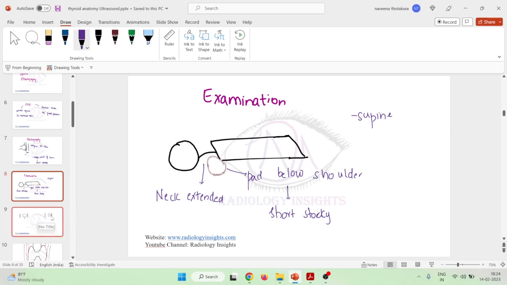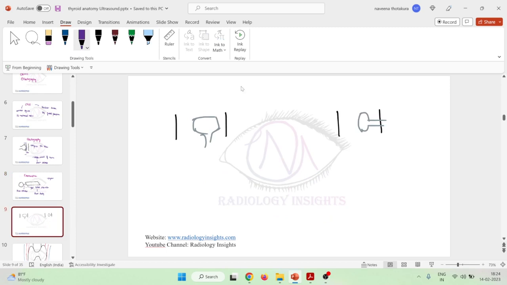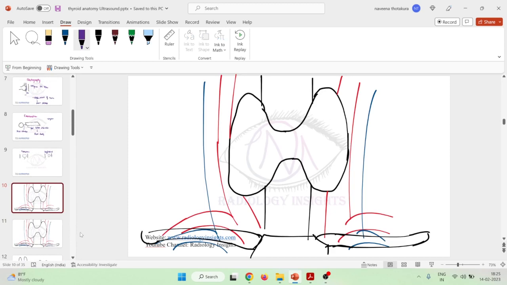Then you can keep the probe either in the transverse axis or in the longitudinal axis. The probe is placed in both the transverse axis and the longitudinal axis, and the thyroid gland is assessed in both axes. You will have to examine the entire gland, including the isthmus.